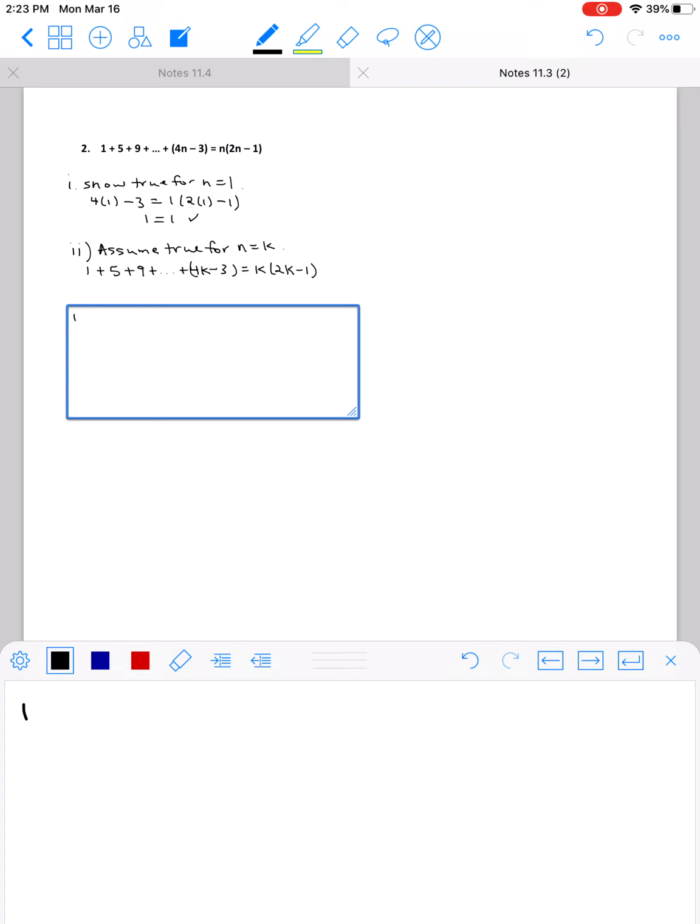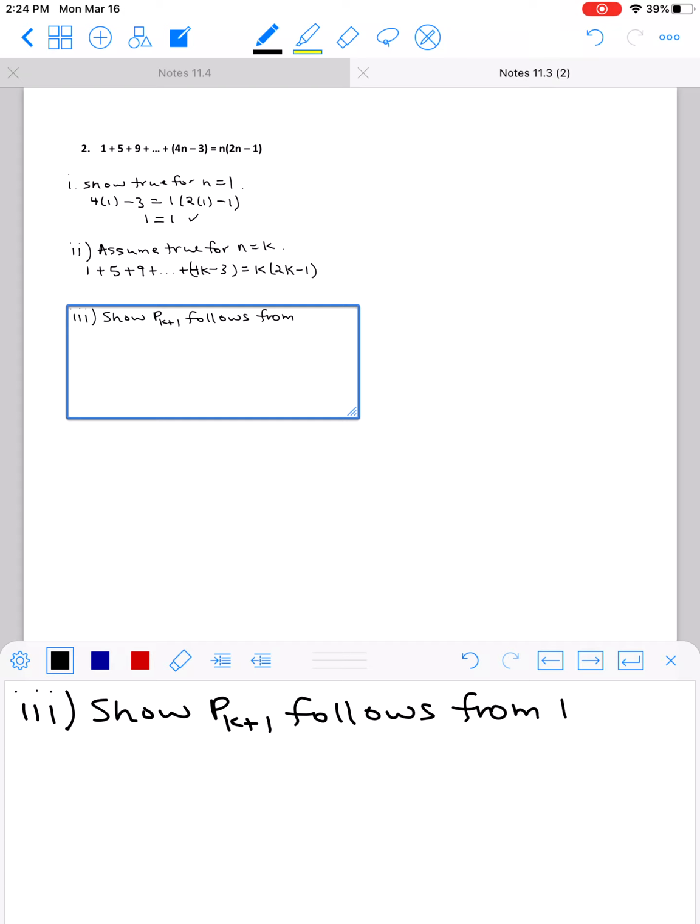Now, in step 3, we show p sub k plus 1 follows from p sub k.